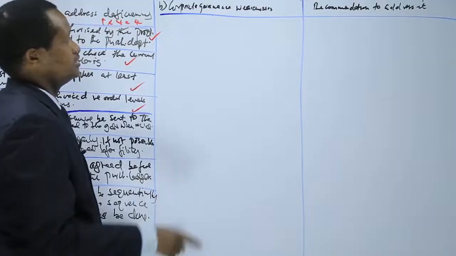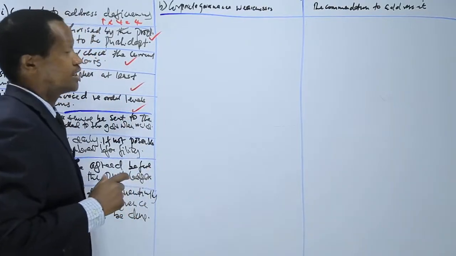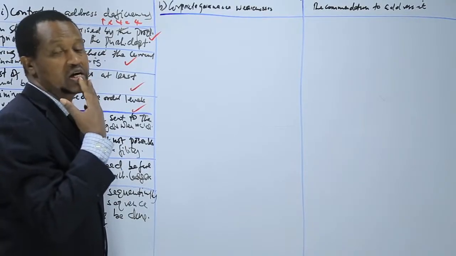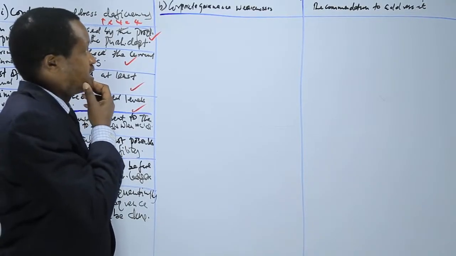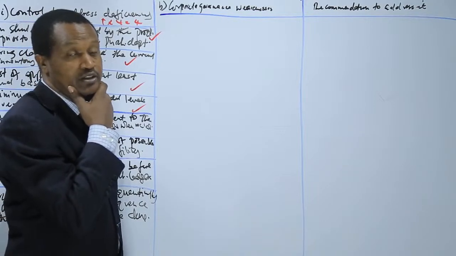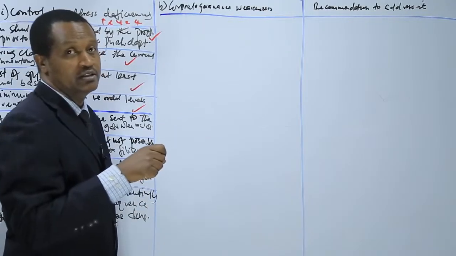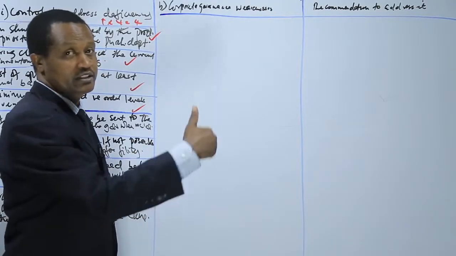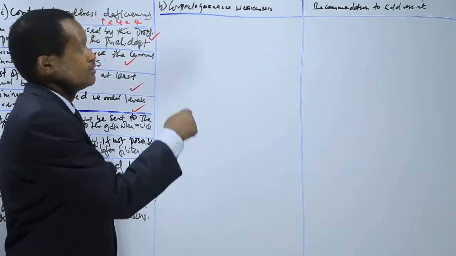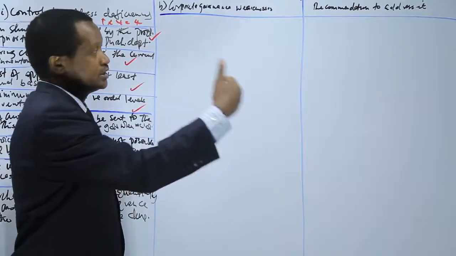Now, candidates, this is a question testing on the candidate's knowledge in corporate governance. Students who appear in the advanced auditing paper are presumed to have passed the strategy governance and ethics paper, because that paper is tested in section 5 of CPA, and this paper, advanced audit and assurance, is tested in section 6.